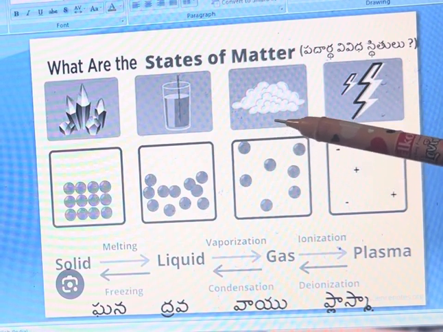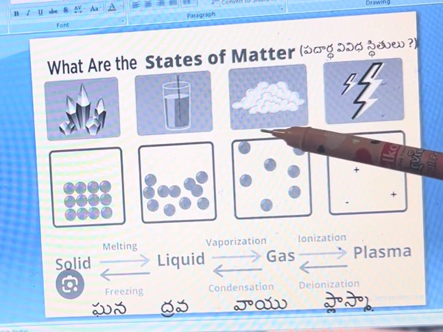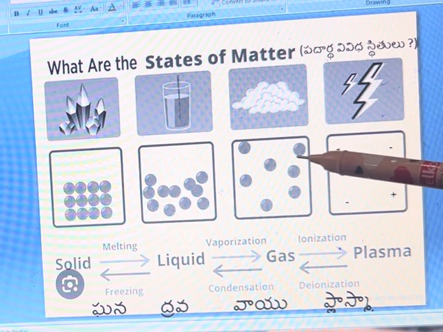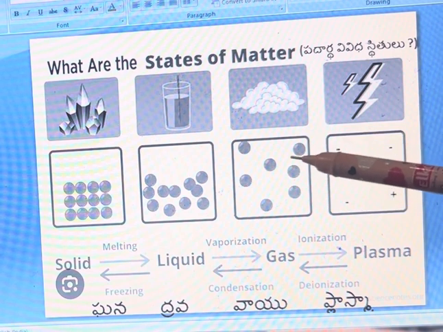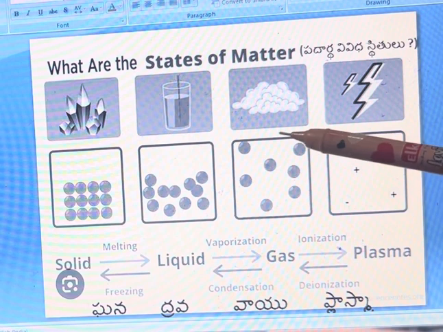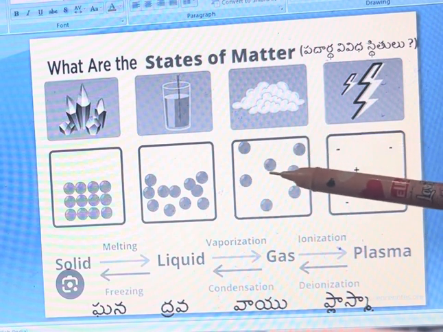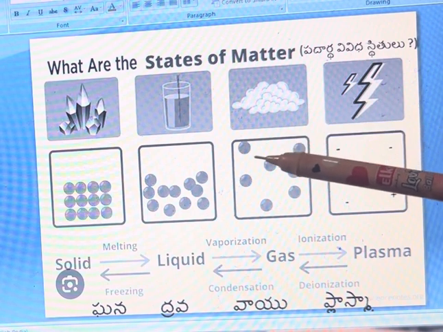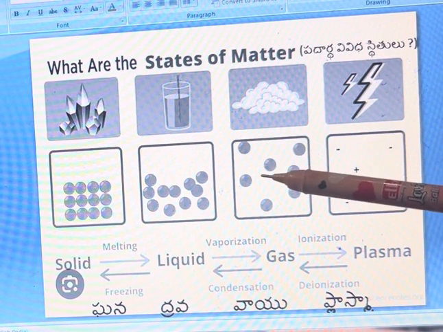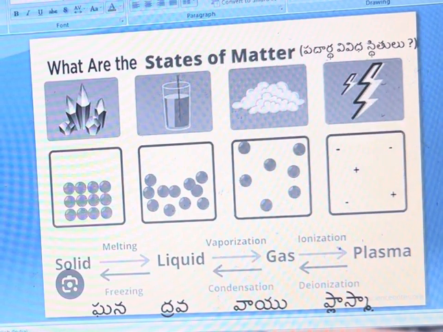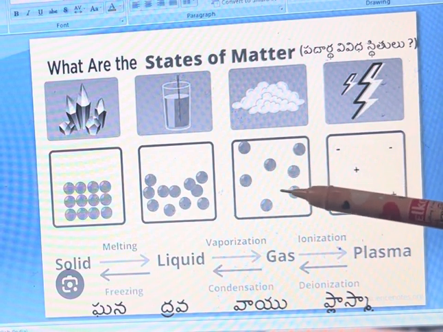They have compressibility, they exert pressure, and they occupy more area though the weight is less. They have no shape of their own; they take the shape of whichever container they are present in.